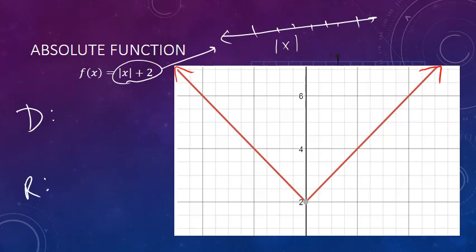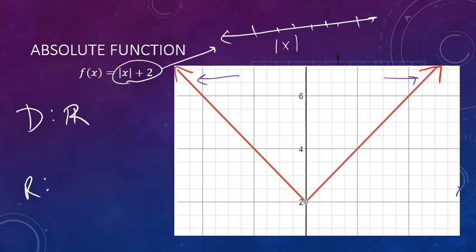Therefore, everything on the number line works in my domain. So again, that will be all real numbers. If you think about it graphically, my x-axis, which I don't have here for some reason, goes to positive infinity and negative infinity. If you look at it from left to right, there's a value for every single number.